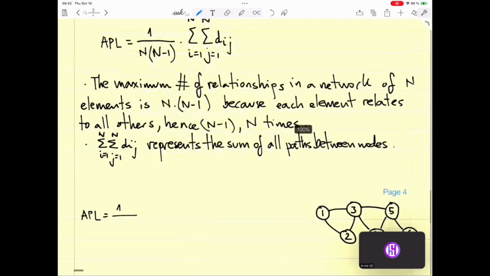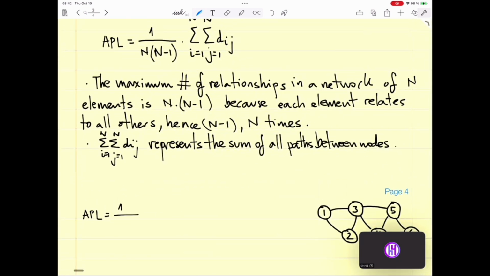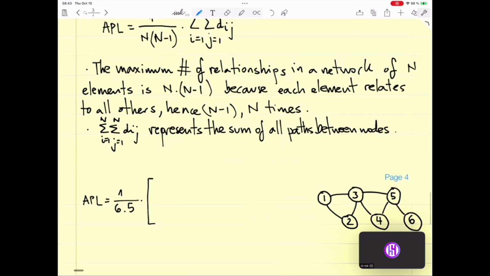Let's look at the formula. N equals 6, okay? We have 6 nodes. N minus 1 is hence 5. And then I need to calculate all the distances between all the nodes. So now stay with me, okay? For node 1, what is the distance between node 1 and node 2 in number of steps? 1 step, okay?